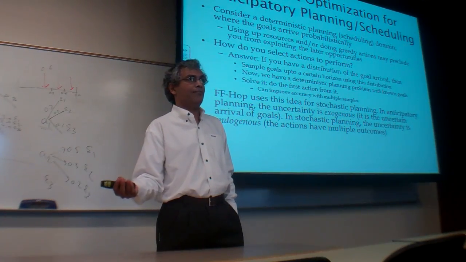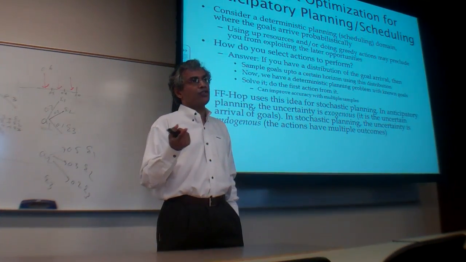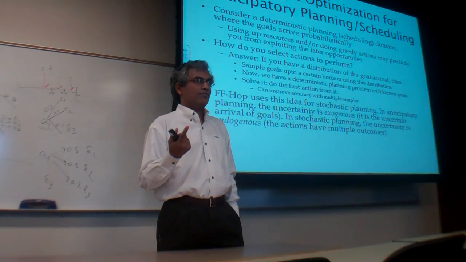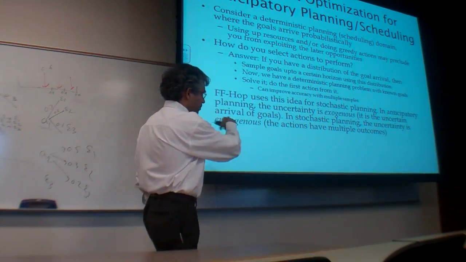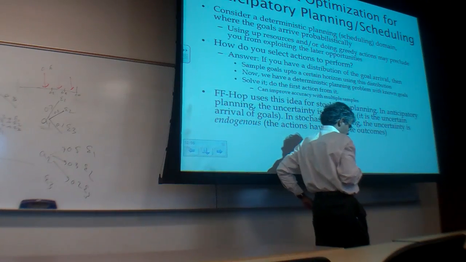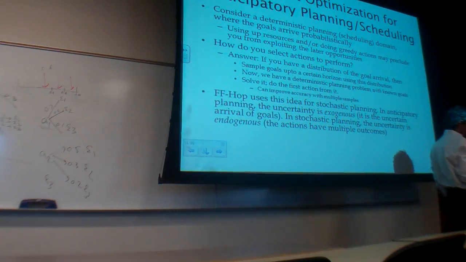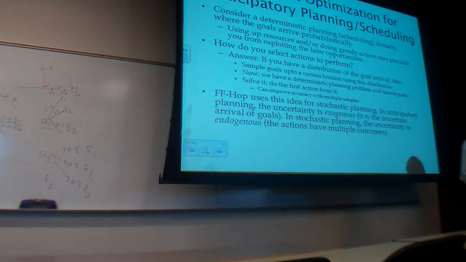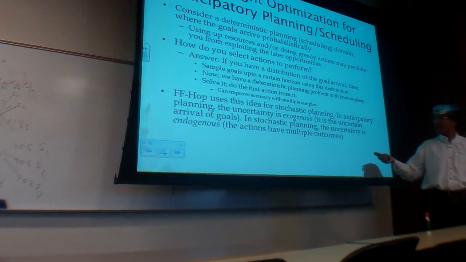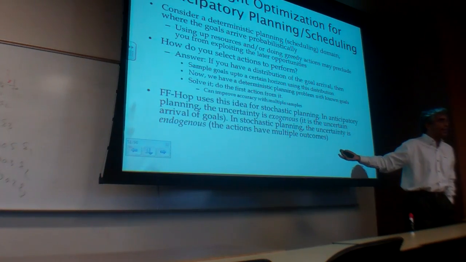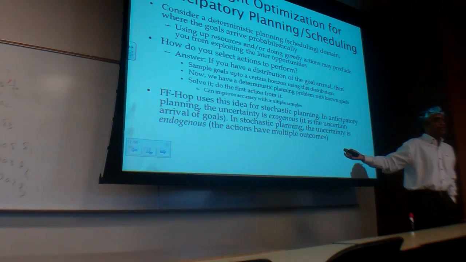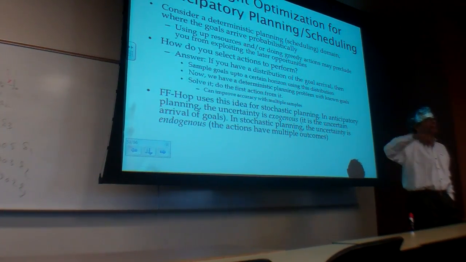Nobody is changing there, okay? But the actions are stochastic. In fact, the paper talks about this too. Hindsight optimization came from the anticipatory scheduling community in particular, but you can apply it to planning too, where the uncertainty is now on the actions rather than the goals.